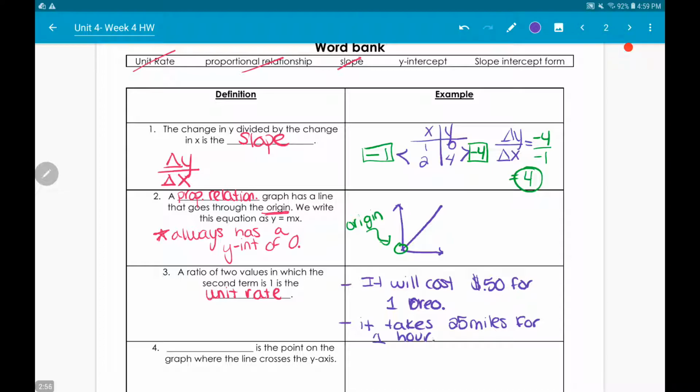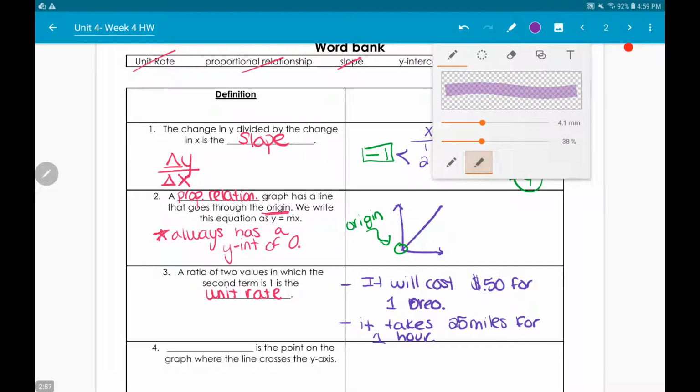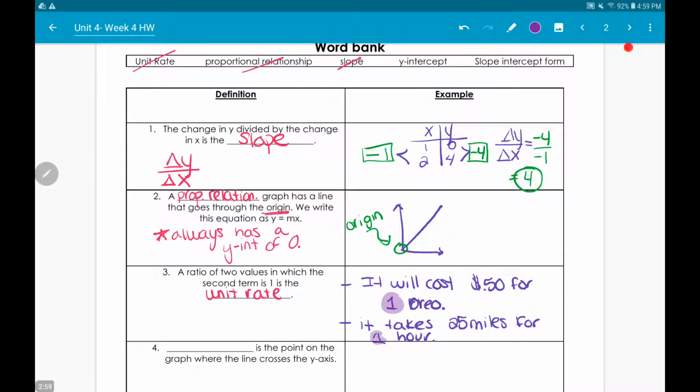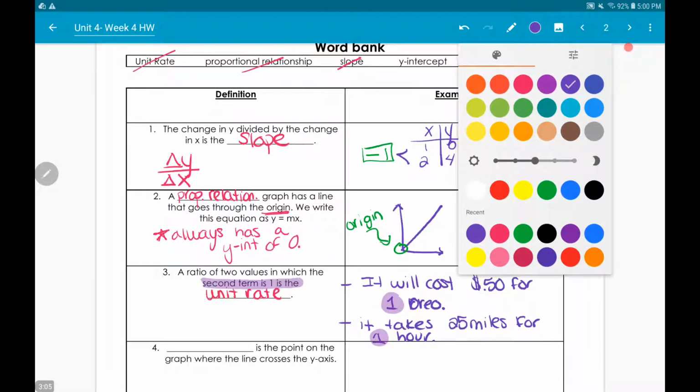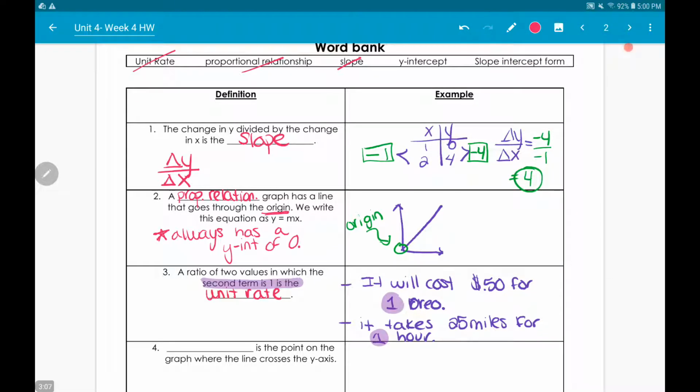Whenever we're dealing with a unit rate, we're always talking about that second number being 1.